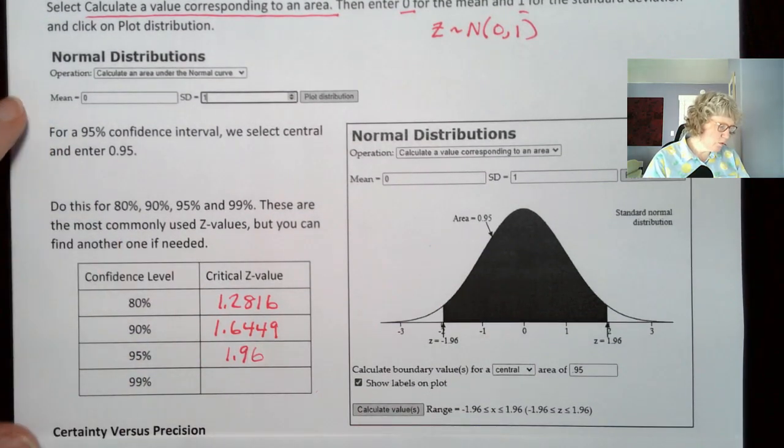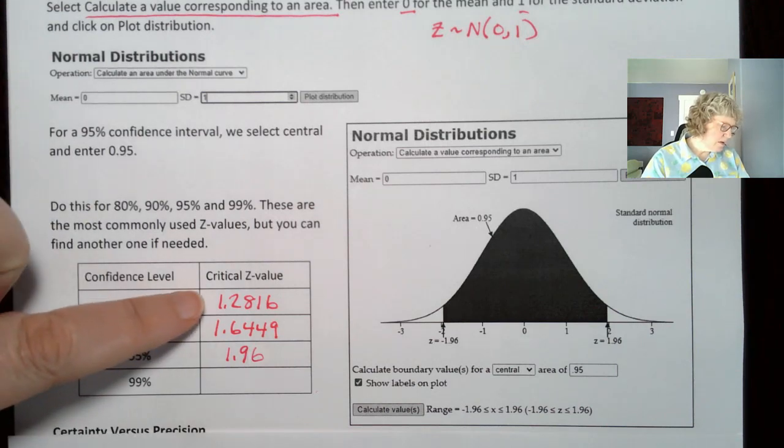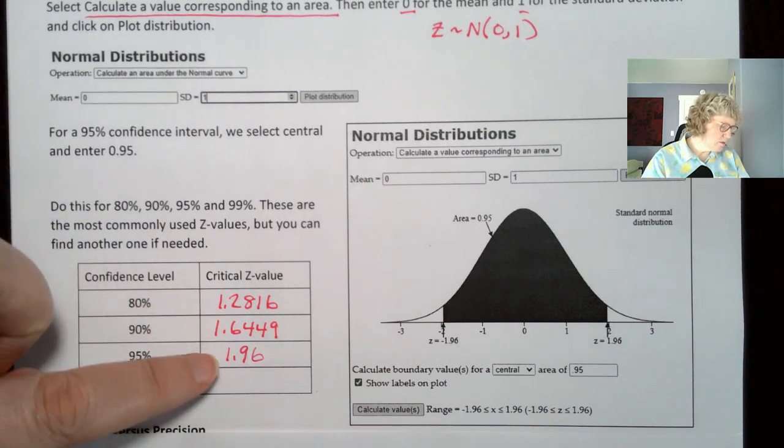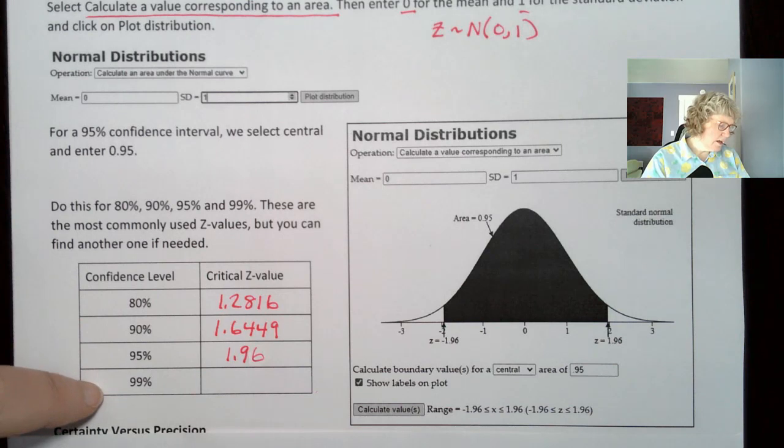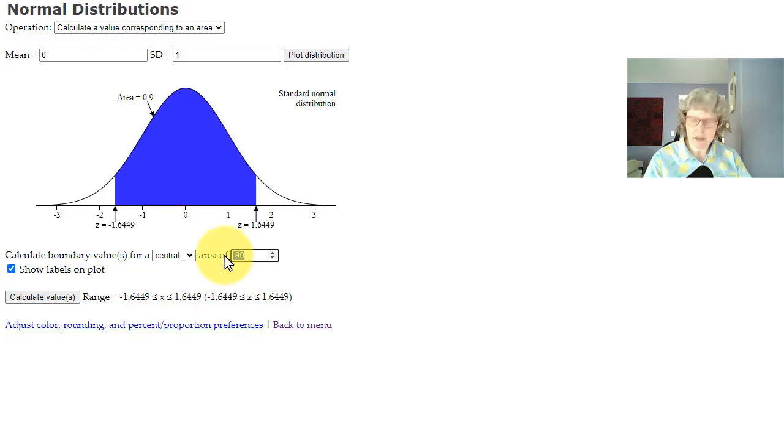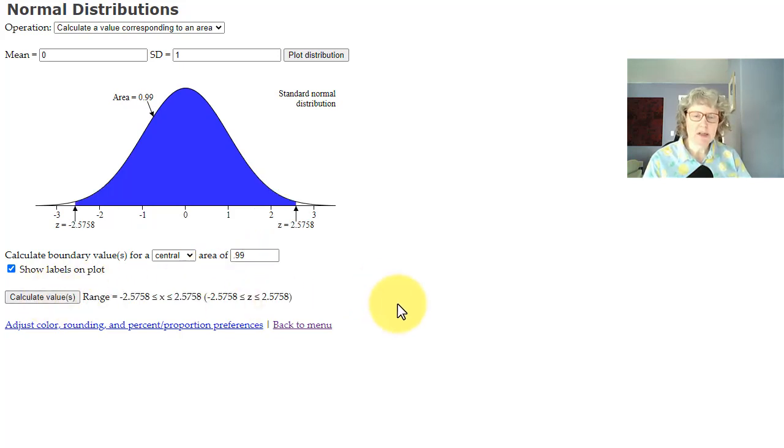A third row, we had the 1.96. Okay, what's happening? 1.2, 1.6, 1.9, 99 should be wider, right? 0.99 means we're going out even further, 2.5758.